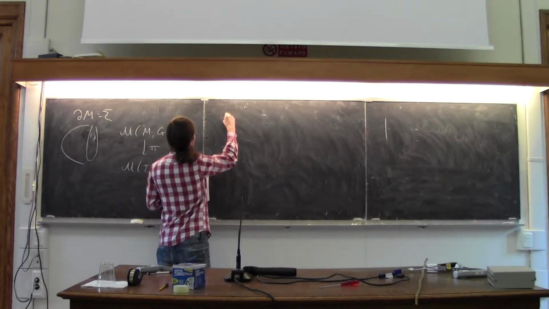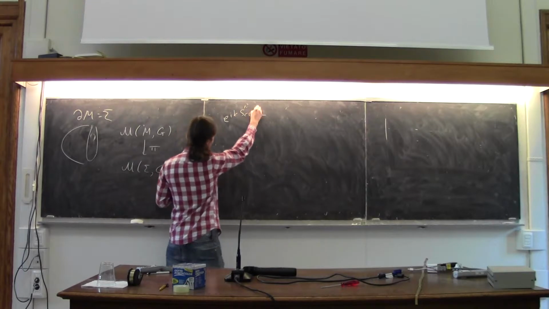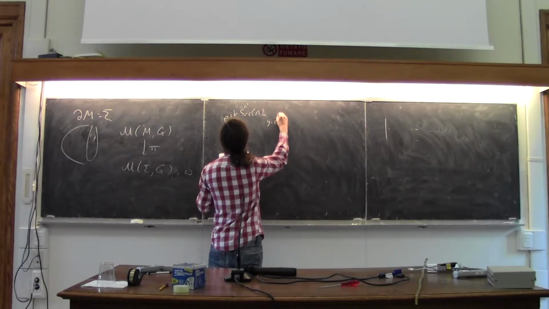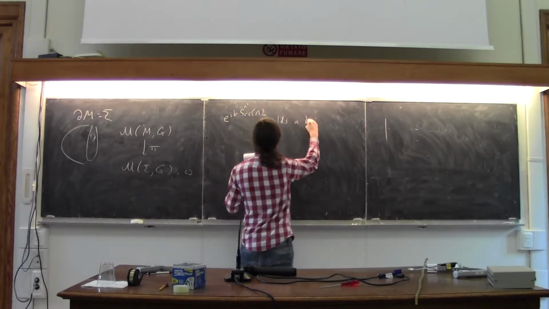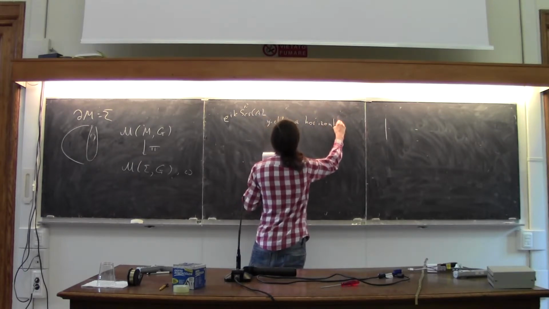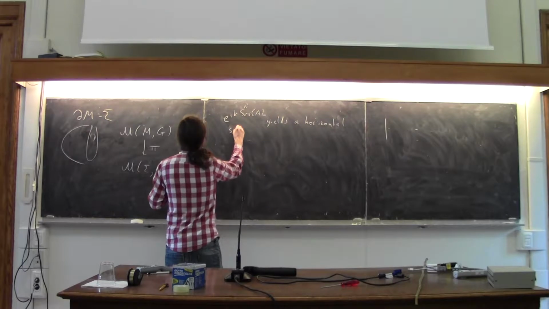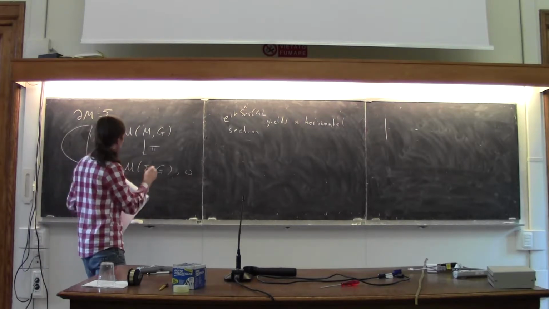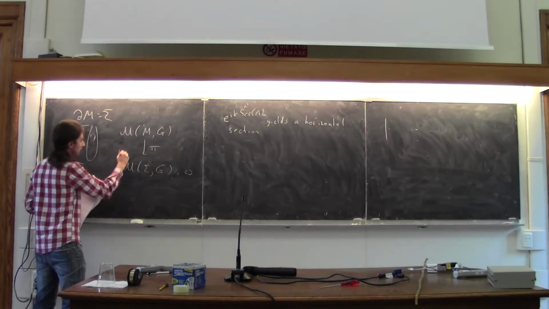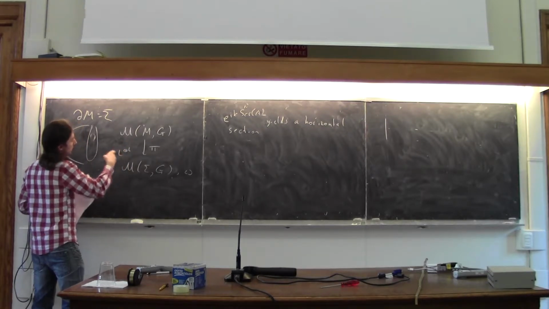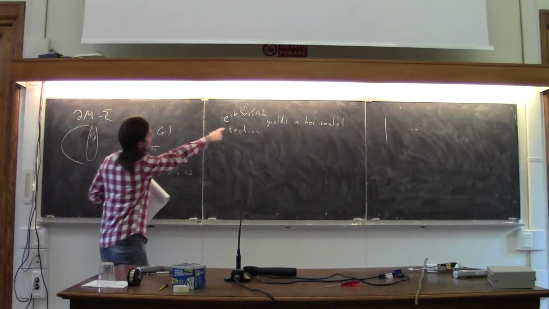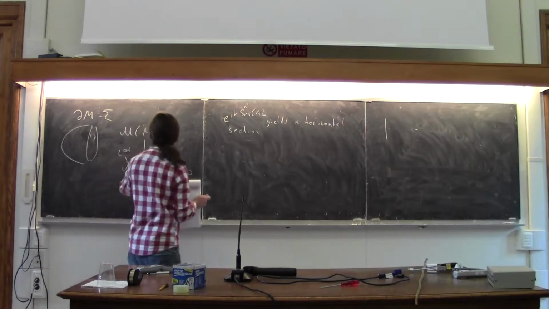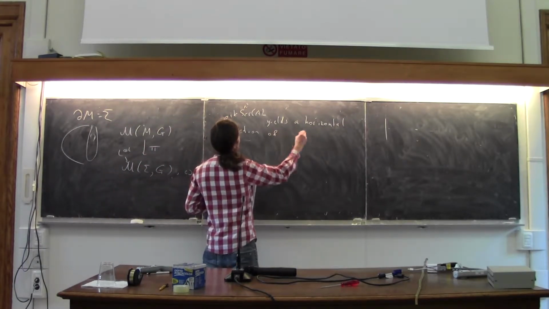The claim is that the exponential of the Chern-Simons action functional in the case with the boundary yields a horizontal section of the pullback of this line bundle we were constructing yesterday, this line bundle, possibly to the tensor power k. So we can pull it back using pi.